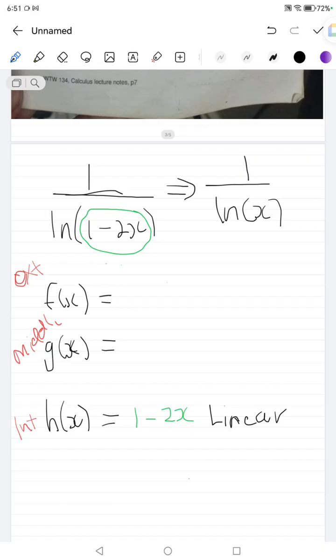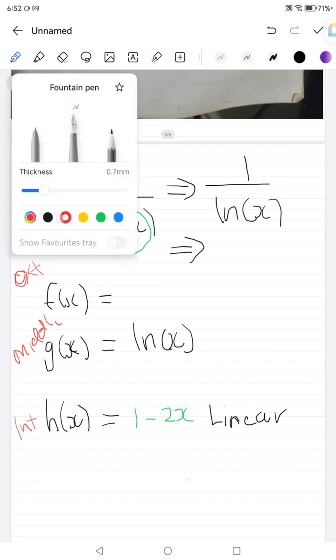What am I left with? It means now I'm going to be having my ln of x this side. Then you're going to consider the last one. It means from this one, this is going to change and be what? Remember, now I've pulled another function, my ln of x. Then your ln of x, this is which function?